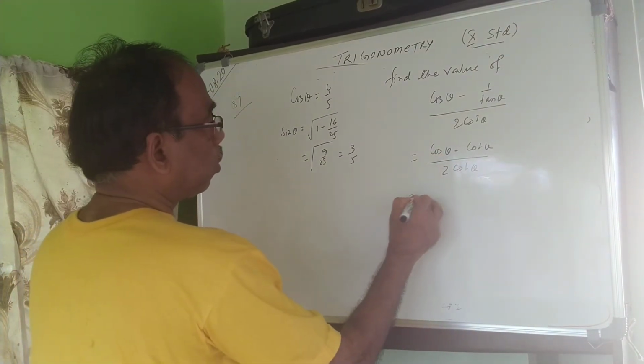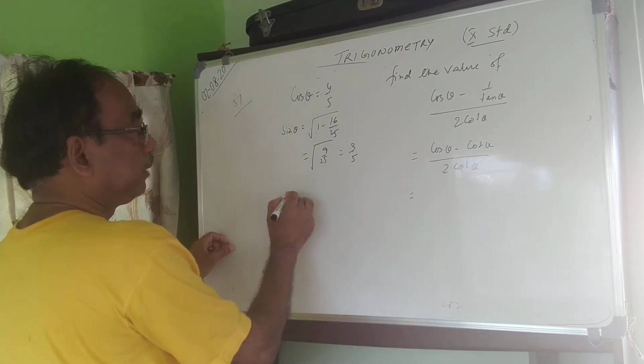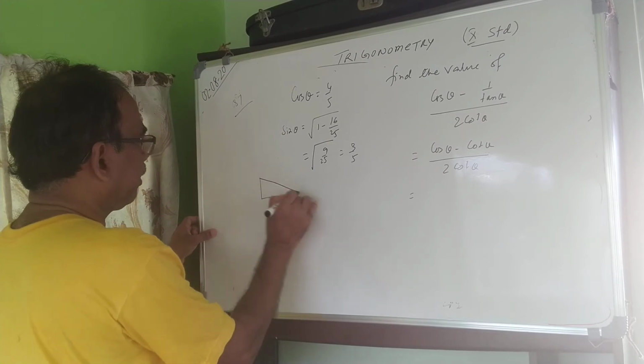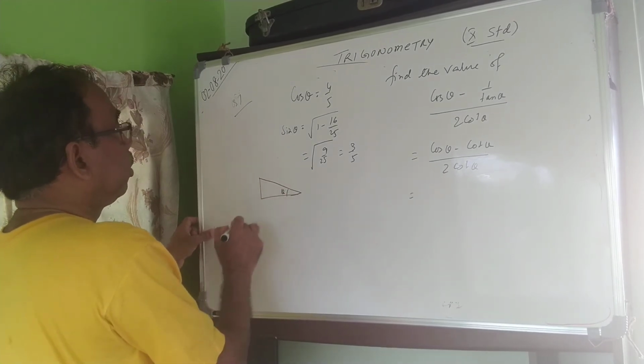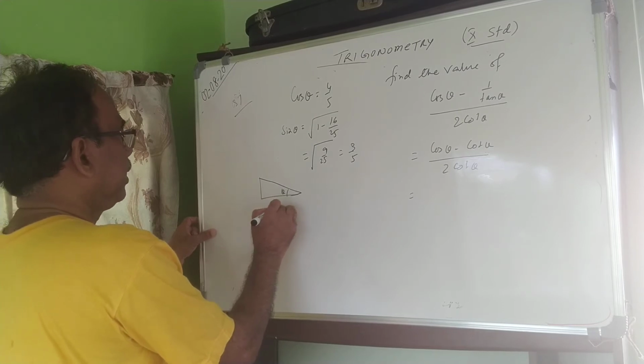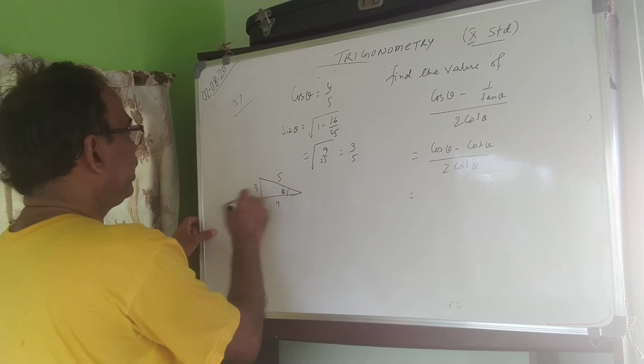Put it here, and using a triangle you can do here. Look here, triangle theta. Cos theta is base by hypotenuse. It is 4, it is 5. This will be 3 using Pythagoras.